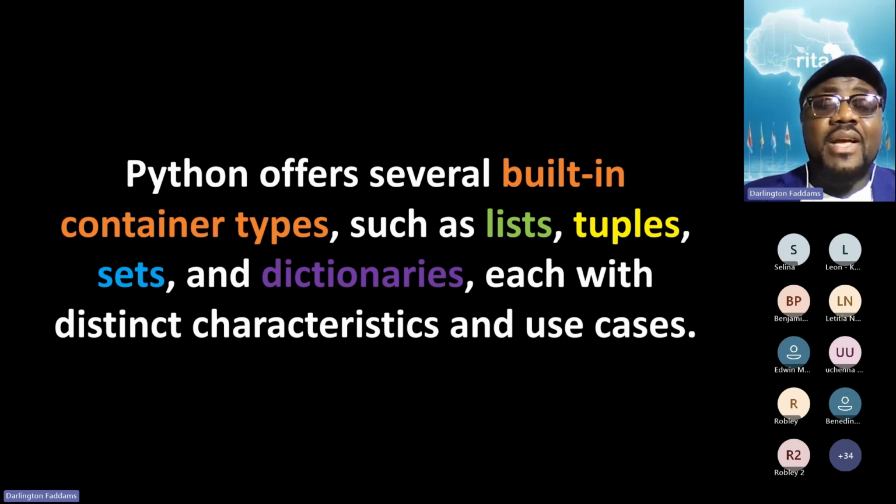And there are four that we are going to look at. And these are also considered as data types. So in Python, when you are asked about the data types in Python, you are free to mention the 8 data types we have looked at. The first 4 are called the basic data types.